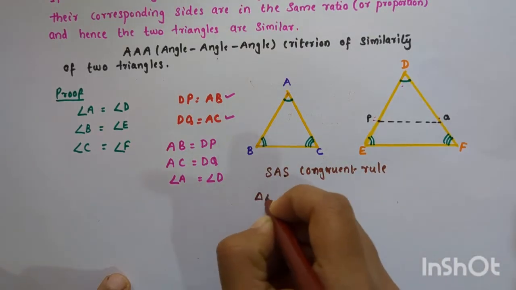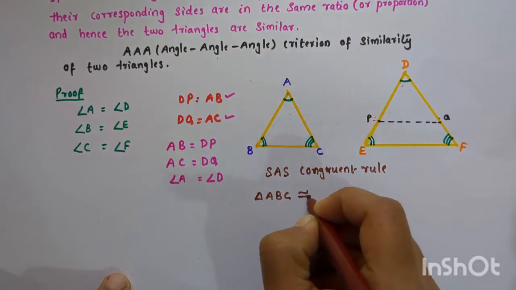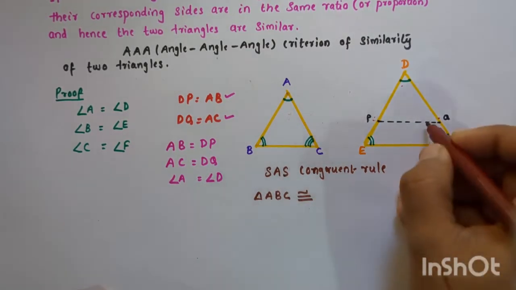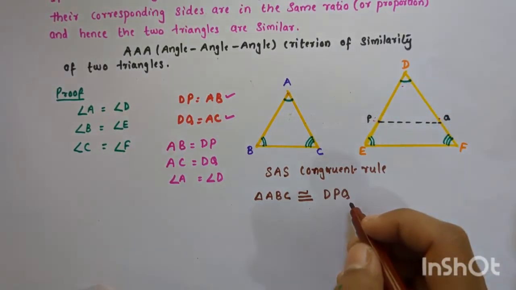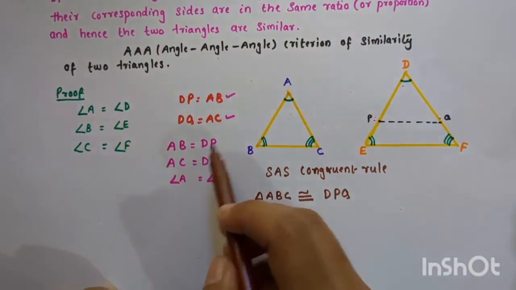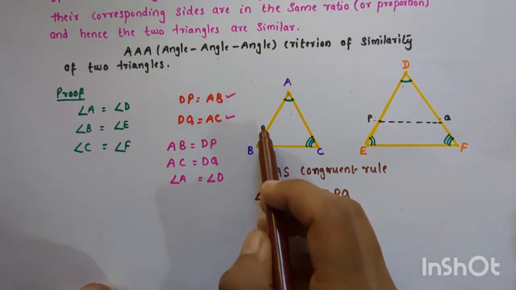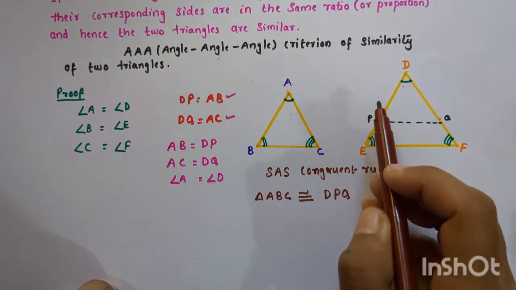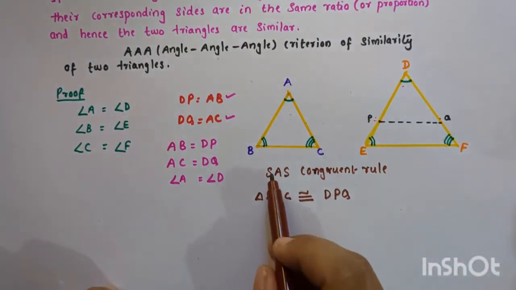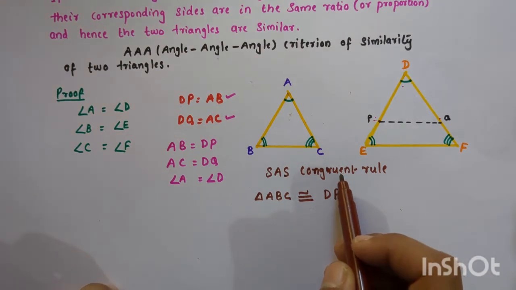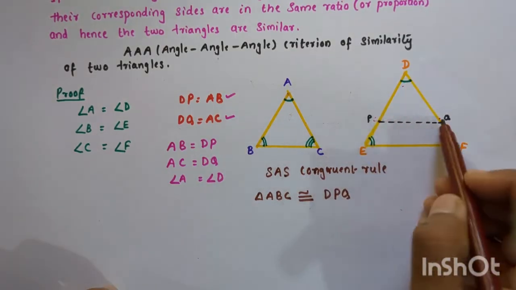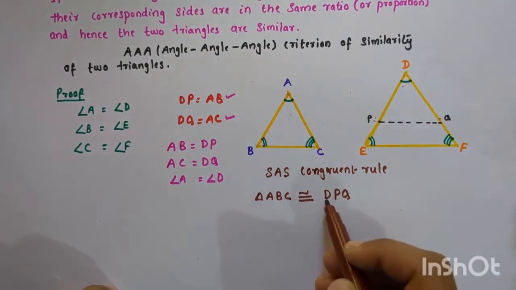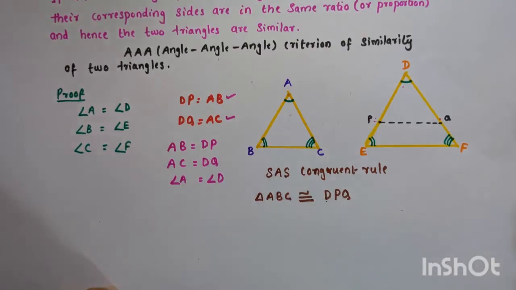That is, triangle ABC is congruent to, this symbol stands for congruent to, triangle DPQ, because the two sides and the included angle of one triangle are respectively equal to the two sides and the included angle of another triangle. So, by the SAS congruence rule, triangle ABC and triangle DPQ are congruent.